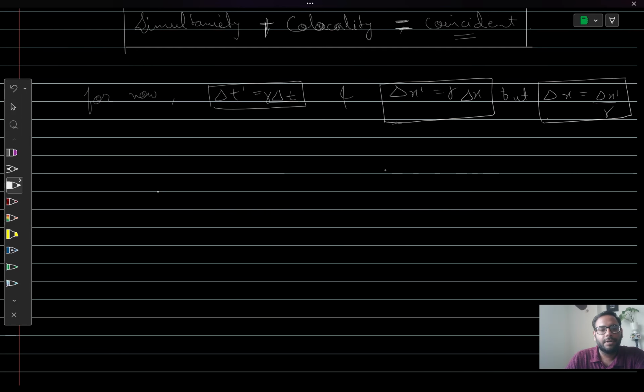We define some proper time interval, that is the time interval in the moving frame.